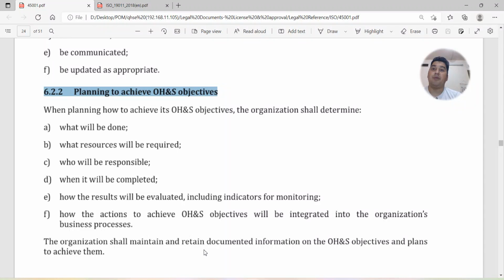The organization shall maintain and retain documented information on the OHS objectives and plans to achieve them.